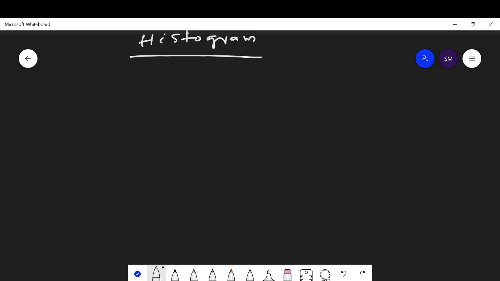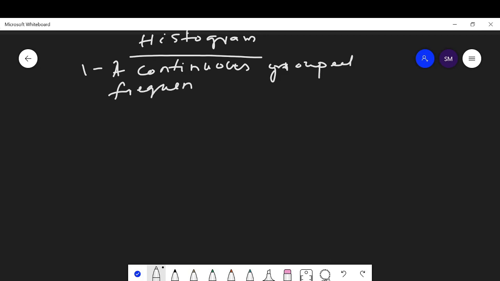While drawing the histogram, it is a two-dimensional diagram, just like a bar graph. The first point to remember while drawing a histogram is that it is continuous. A bar graph is not continuous; there may be some intervals, but the histogram is continuous. It is a continuous grouped frequency distribution in which equal class intervals are there.